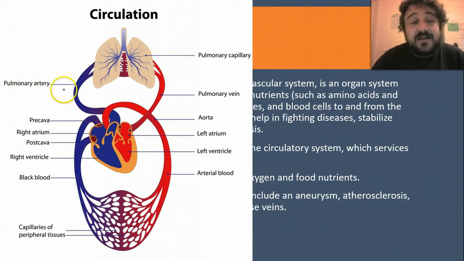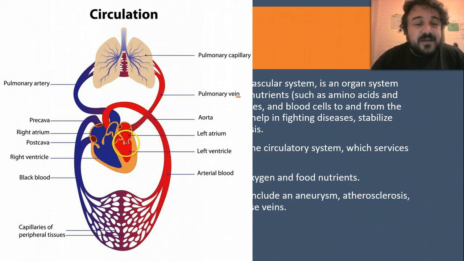Pulmonary means lung, so artery away, so away from the heart into the lungs, where it gets all of its oxygen again, and then it goes into the pulmonary vein, so in, it's V, it's got an in on the back of it. So the pulmonary vein goes back into the heart and it goes up around again.